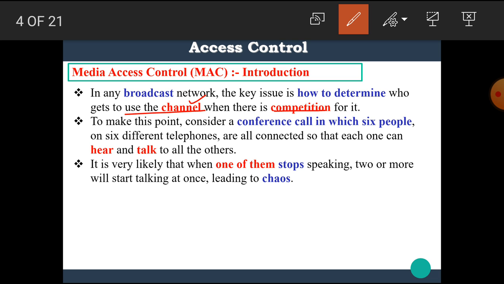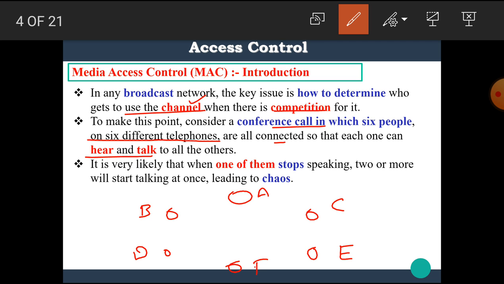To make this point, consider a conference call in which 6 people on 6 different telephones are connected so that each one can hear and talk to all others. Consider, for example, person A, person B, person C, person D, person E, and person F are all on the conference call.